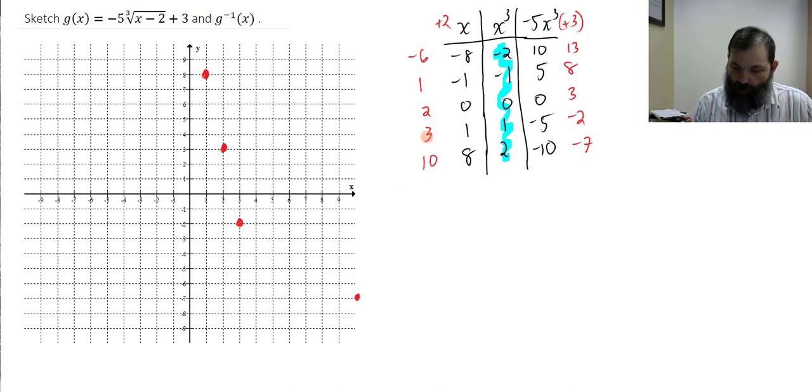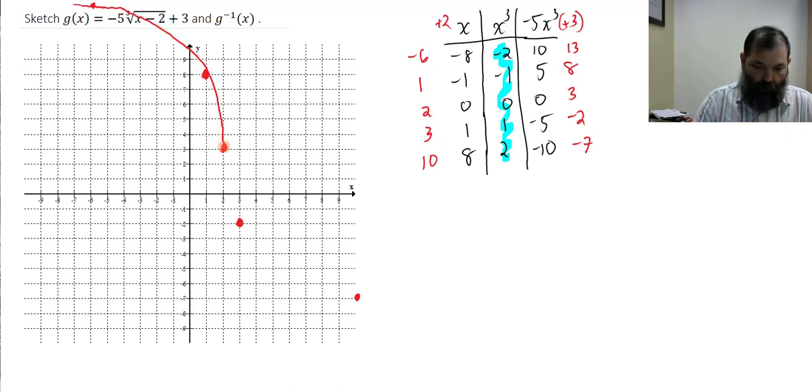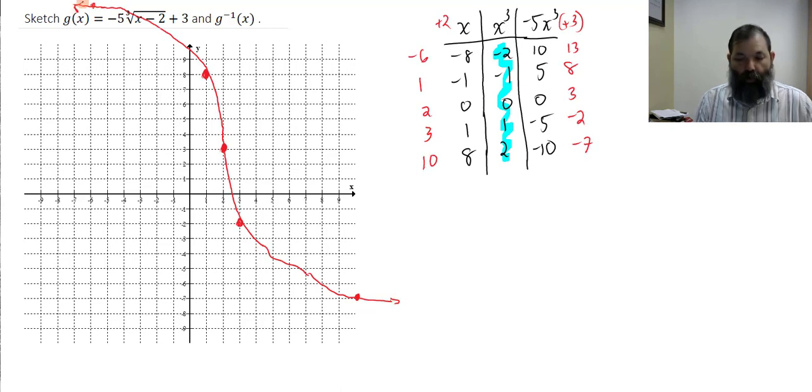And so let's see, what was my first point? -6, 13, that might be up here, roughly. All right, so I have a curve that does this. So that's g of x.